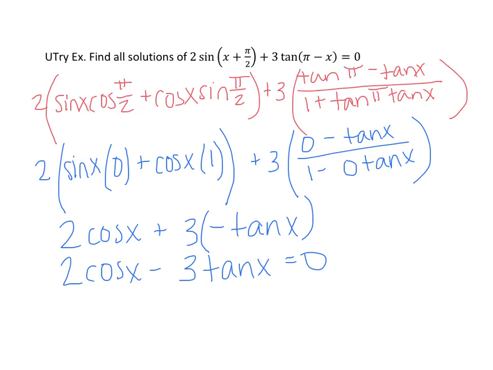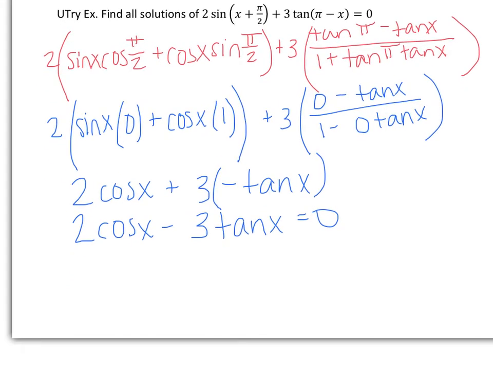Okay, we get down to here, where our sine x times zeros have fallen out, or 0 times sine x has fallen out. This was a negative tangent divided by 1. And the negative tangent becomes subtraction, so 2 cosine x minus 3 tangent x. In order to solve this, we're going to have to get common denominators.